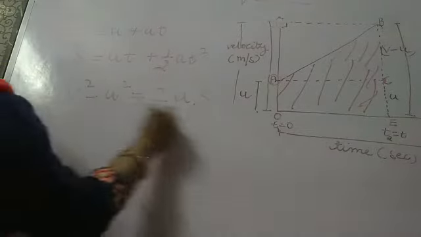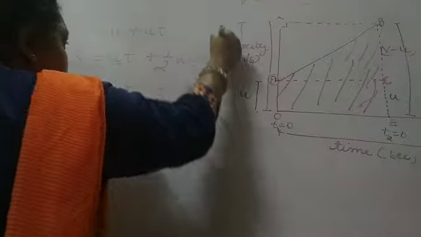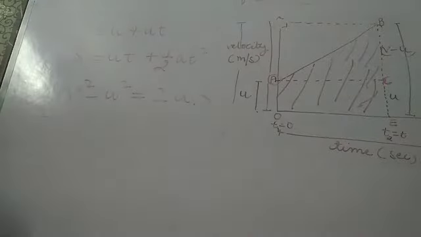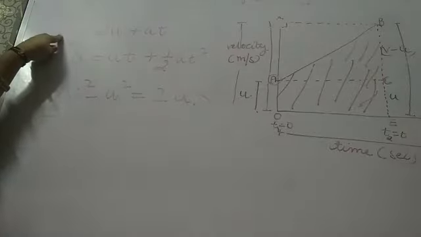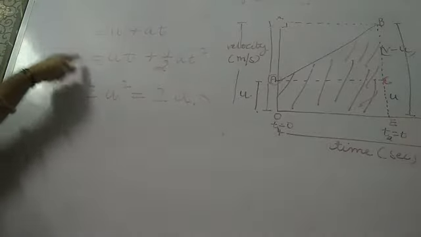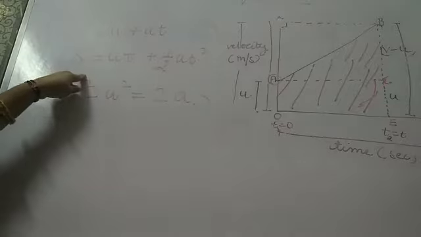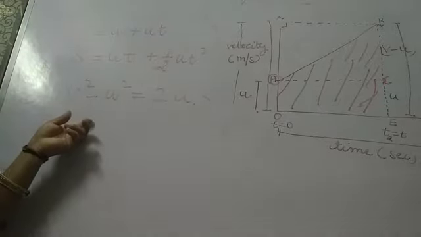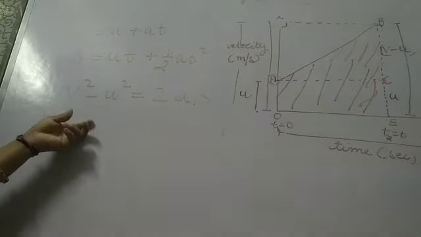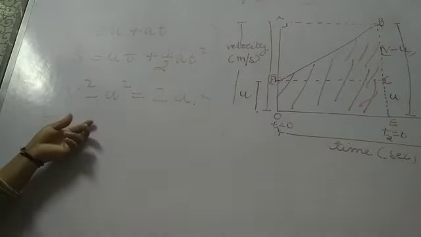All these three are the equations of motion which show different relations. The first one shows the relation between velocity and time. The second one shows the relation between position and time. And the third one shows the relation between position and velocity, isn't it?